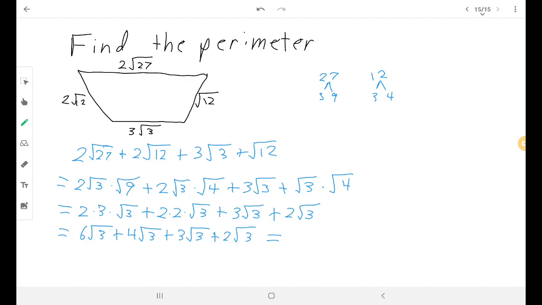And then these are all like terms now, so I can just add up the numbers. 6 plus 4 is 10. 3 plus 2 is 5, so 10 plus 5 is 15 times the square root of 3.